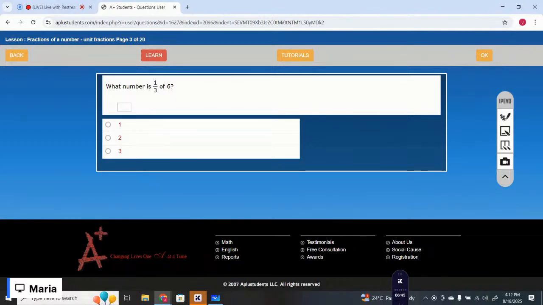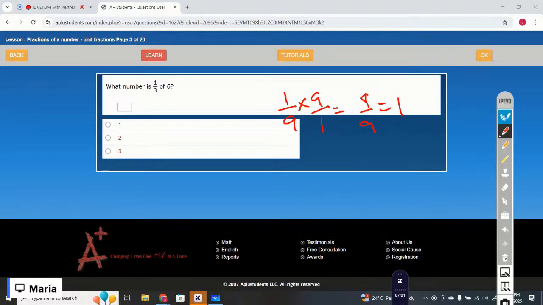What number is 1/3 of 6? That is 1/3 of 6. 6 times 1 is 6 and 3 times 1 is 3.